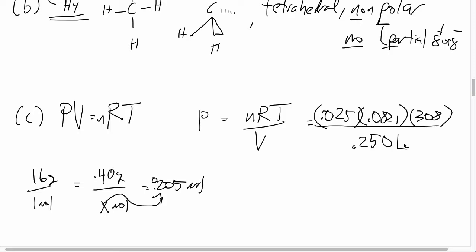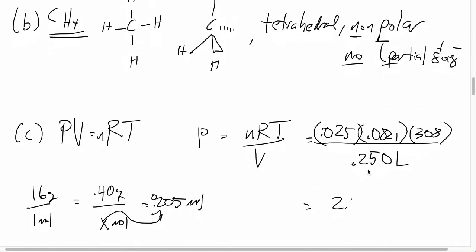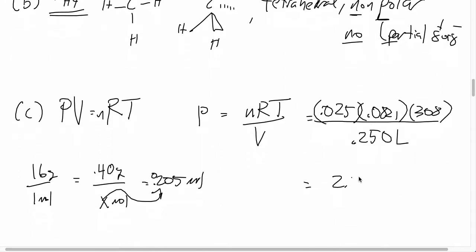You multiply that by 308, that equals that. You divide that by 0.250, that equals that. So the pressure should be, and you have two significant figures, so the pressure should be 2.5 atmospheres. To be continued.